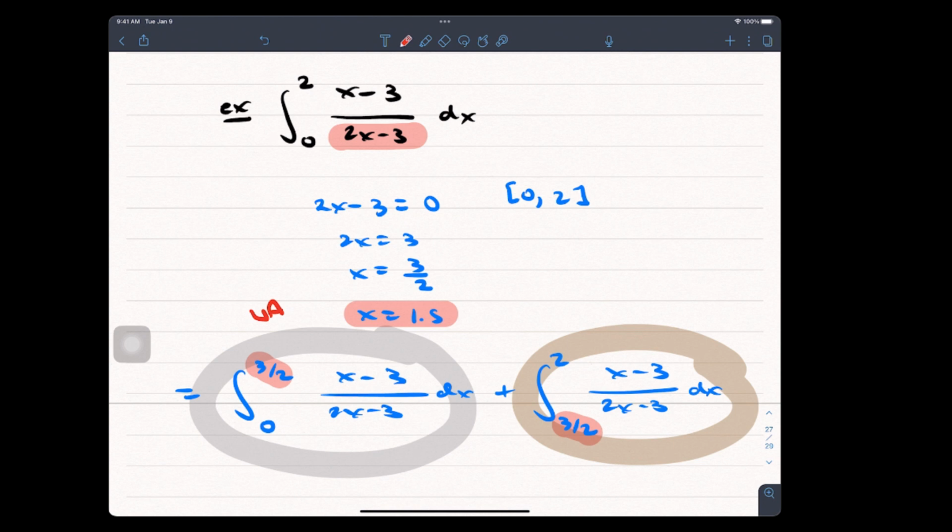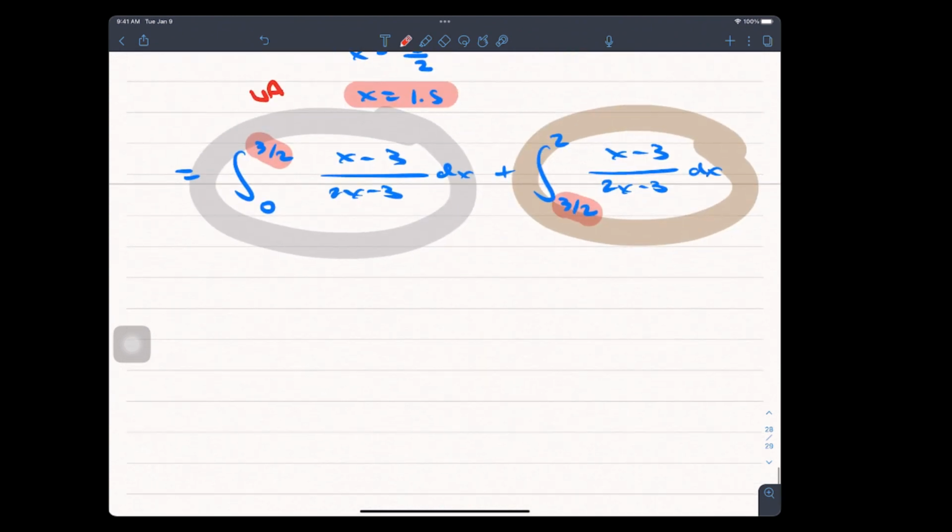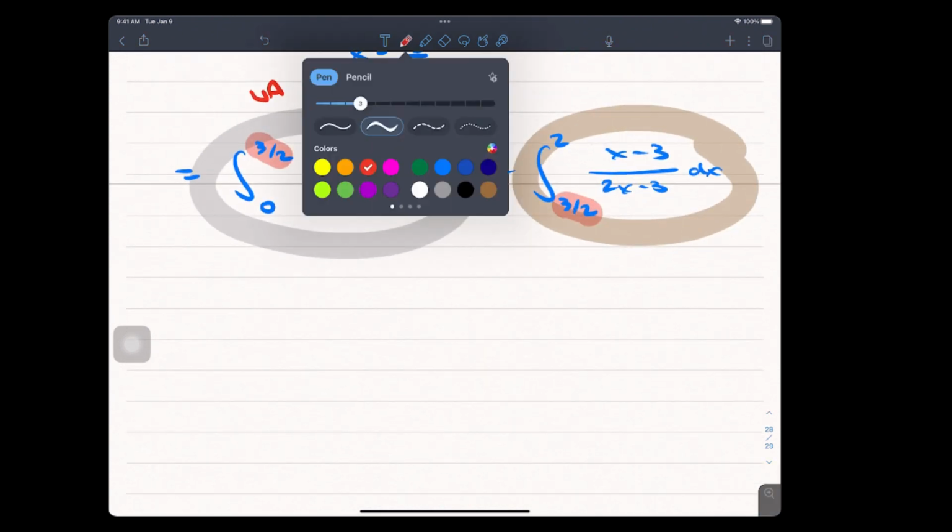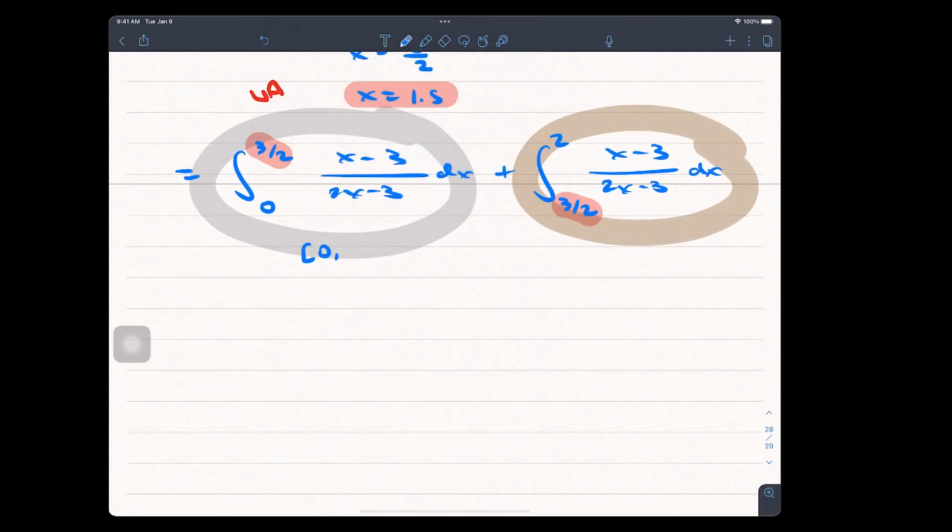So for example, this first improper integral, write down the interval here, right? You have 0 to what? 3/2. And now you have the what? Right endpoint discontinuity. And then this is from 3/2 to what? 2. Here you have the what? Left endpoint discontinuity. So you might want to write that down.